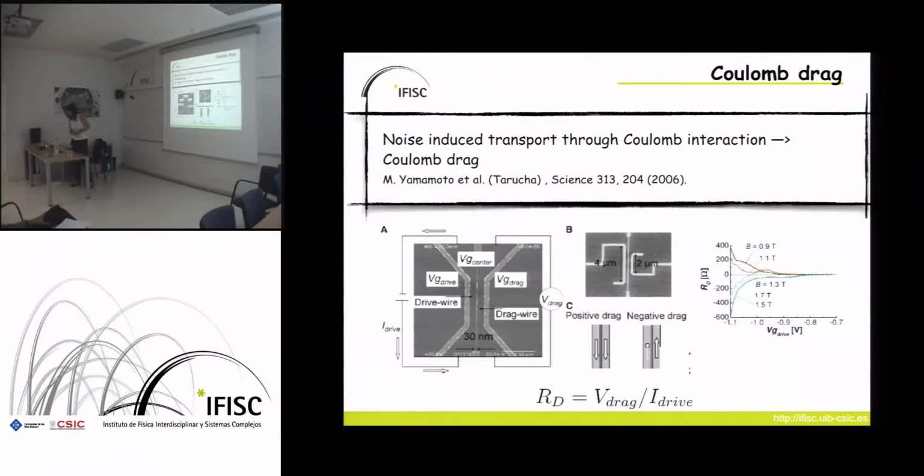So also there are some experiments in quantum nanowires in which you have two nanowires here and there, and then due to the Coulomb interaction you are able to drag some current in one of the nanowires.